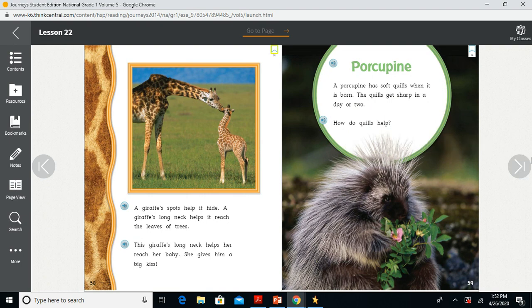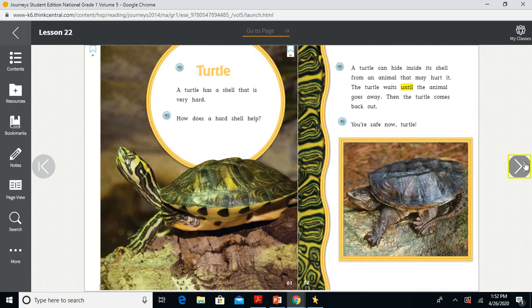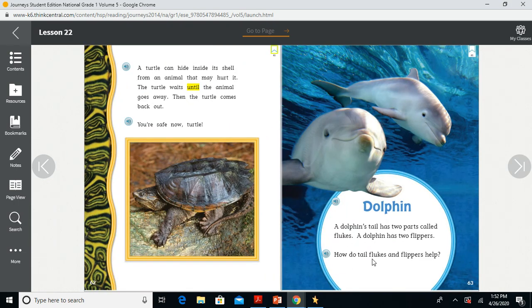How do quills help? How does a hard shell help? How do tail flukes and flippers help? Do you see a pattern? What word do you hear on those pages? That's right. The word is help.